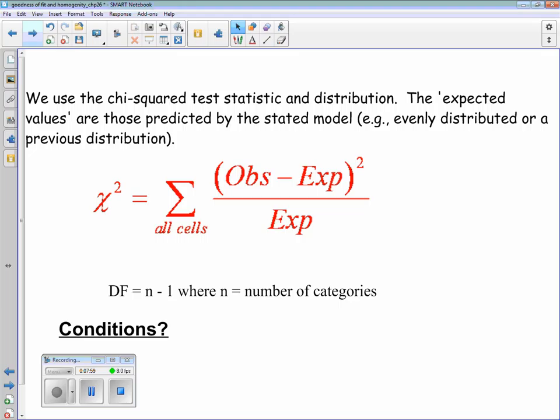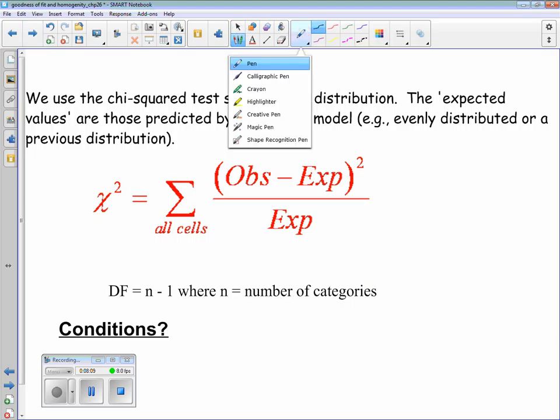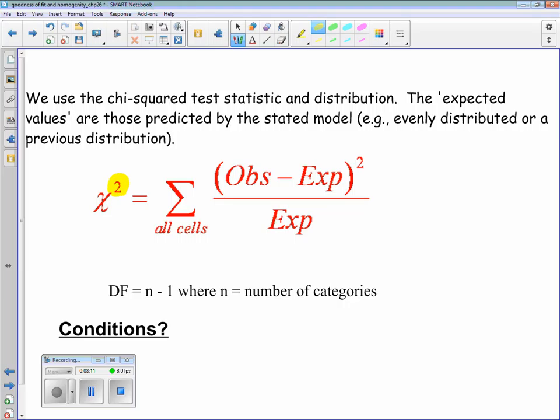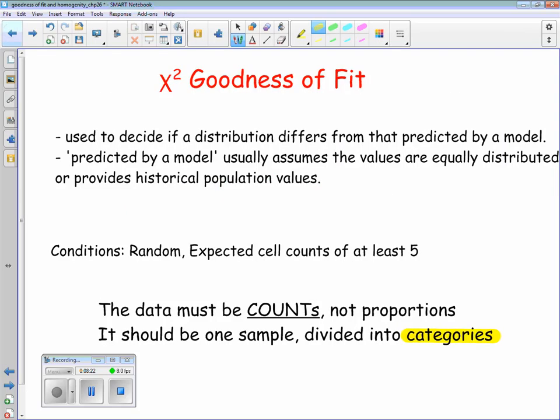We're going to look at that formula in a couple of minutes, but it has its own test statistic. Please do not get confused with the squared in chi-squared. That does not mean you're squaring anything. It's just called chi-squared, okay? It's not a mathematical squared. All right, so we're going to come back to that.